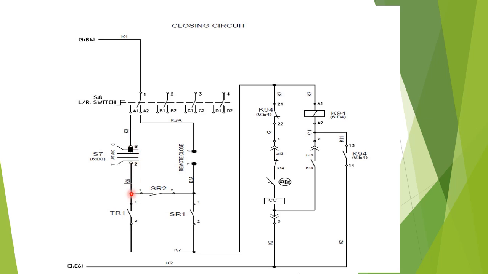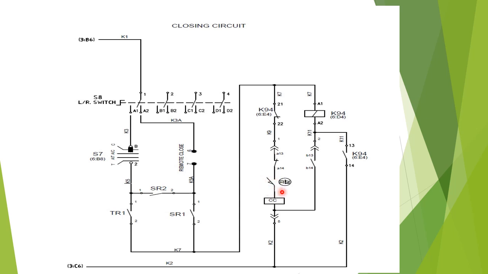Now if the VCB remains in test position, this contact will be through, but this contact will be in NO position since the VCB is in test position, not in service position. So this DC pulse will go via this path, through the NC contact of the anti-pumping relay, through the NC contact of the breaker auxiliary switch, and this is the limit switch contact of the spring charge.